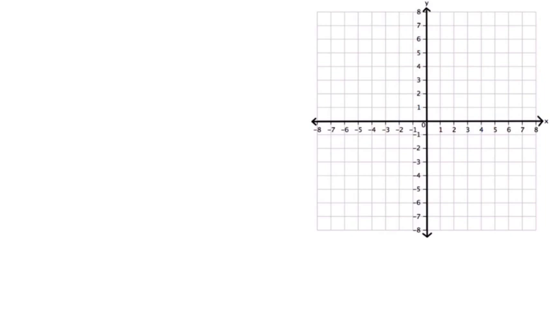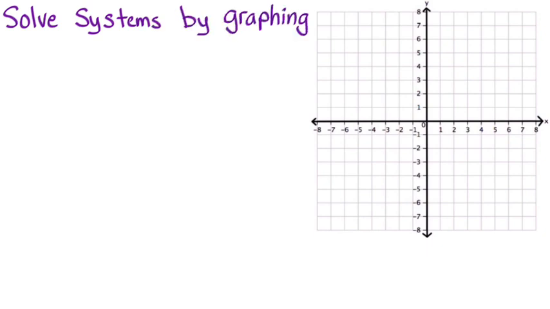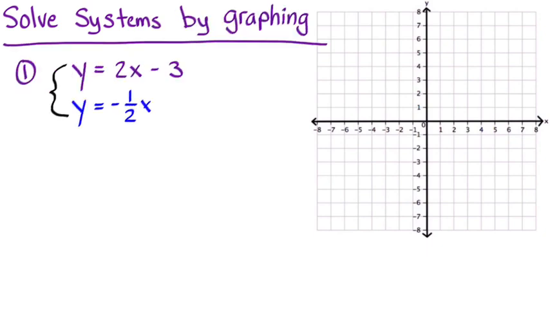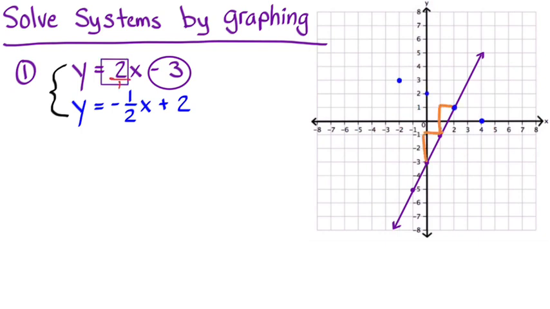Now, today we're solving by graphing. Well, what does that mean? That means if we graph both of these lines, there should be one shared solution because it says it's a system. So I graph my first line using my y-intercept of -3 and my slope of 2/1, and I graph that line in purple. Then I graph my second line, using my y-intercept of 2 and my slope of -1/2.